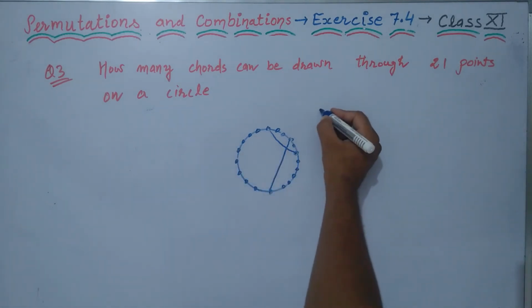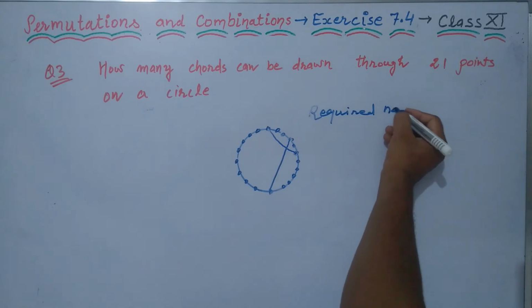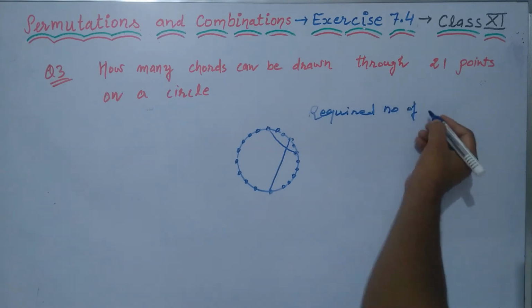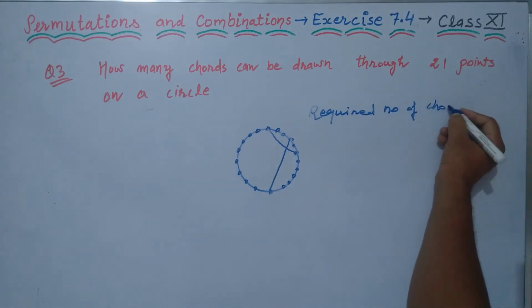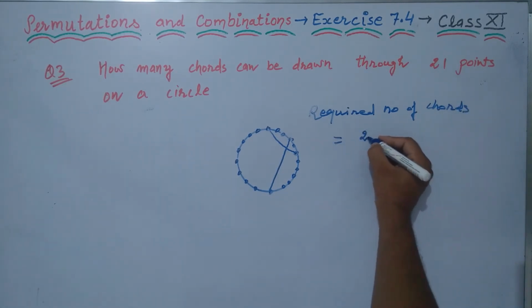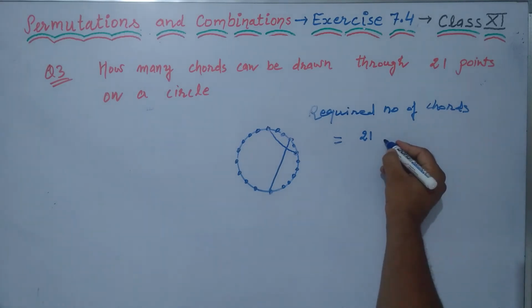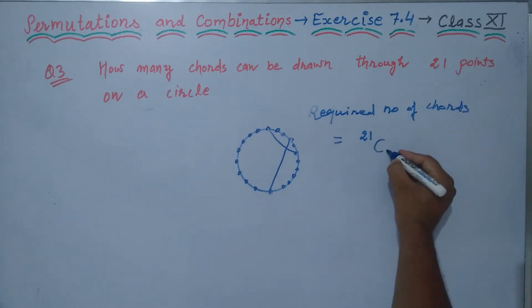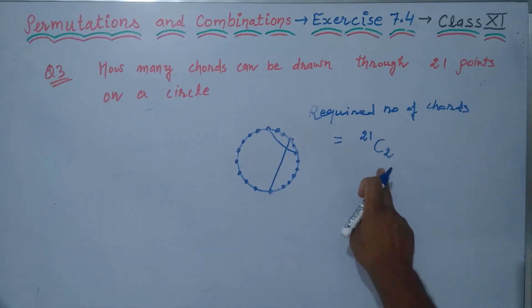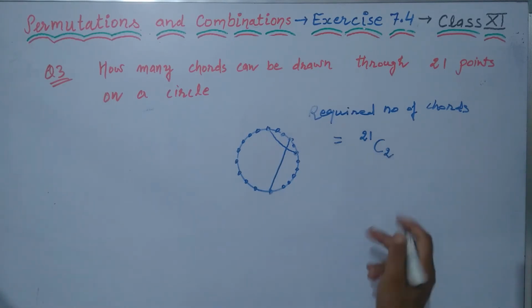So what we say, required number of ways, number of chords is equal to 21 points are given on the circumference of the circle, and we are going to select 2 points on the circumference of the circle in order to draw one chord.